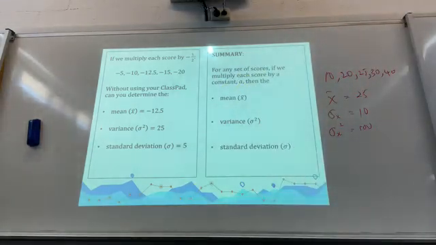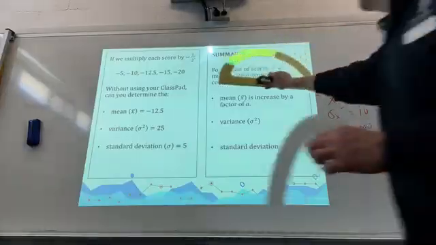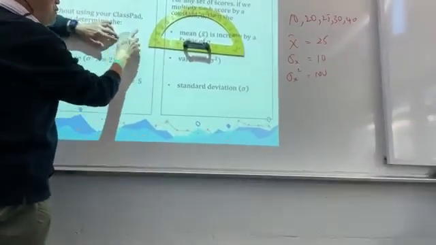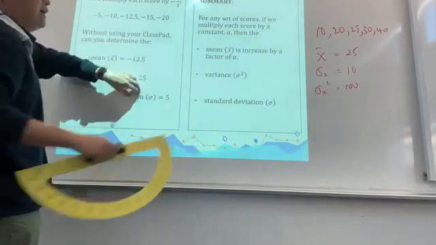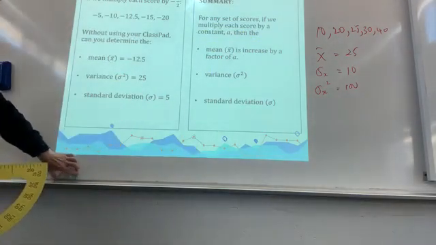So think about this. You've got something small, and now you're multiplying with a factor, A. The mean should be increased by factor A. So from something like this to something like this, whatever the factor is, they increase by A. The spread will be different.